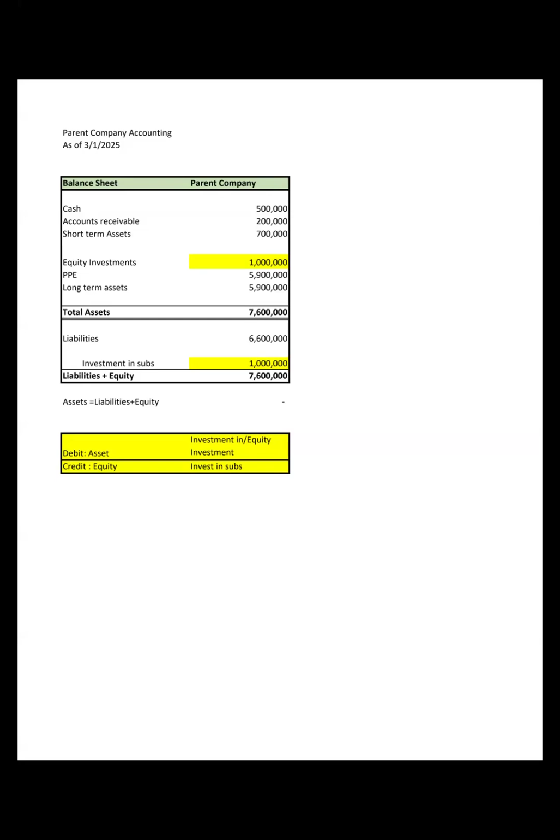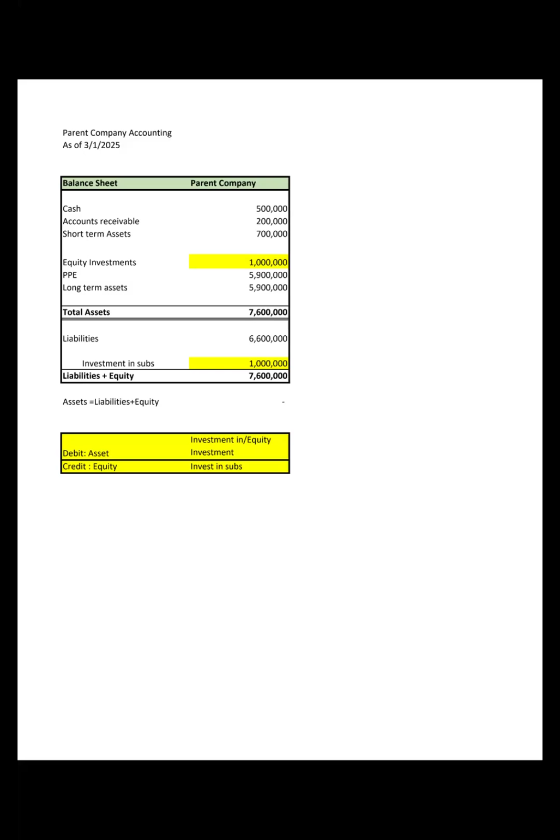Right down below, I tell you where on the balance sheet it shows up. Your assets is debited and your equity is credited with the cost method. And as you can see, the parent company is the only one that will be debited and credited in this case to reflect the cost method.